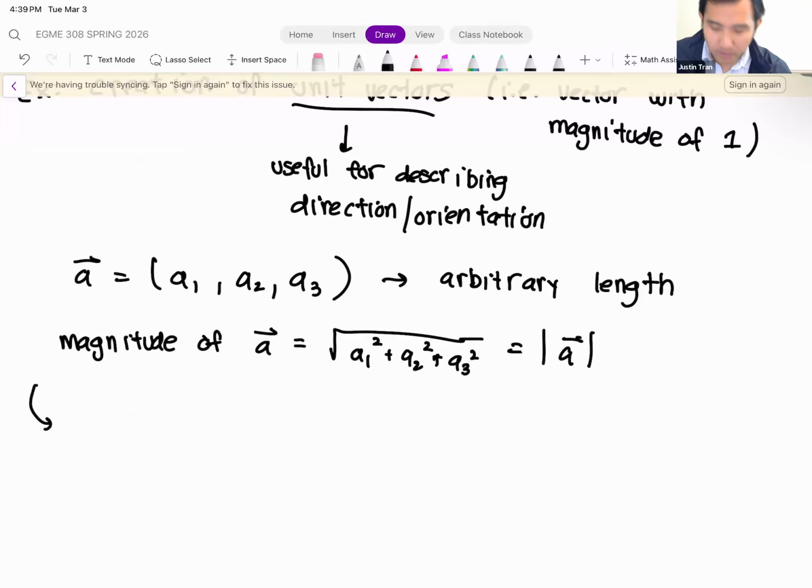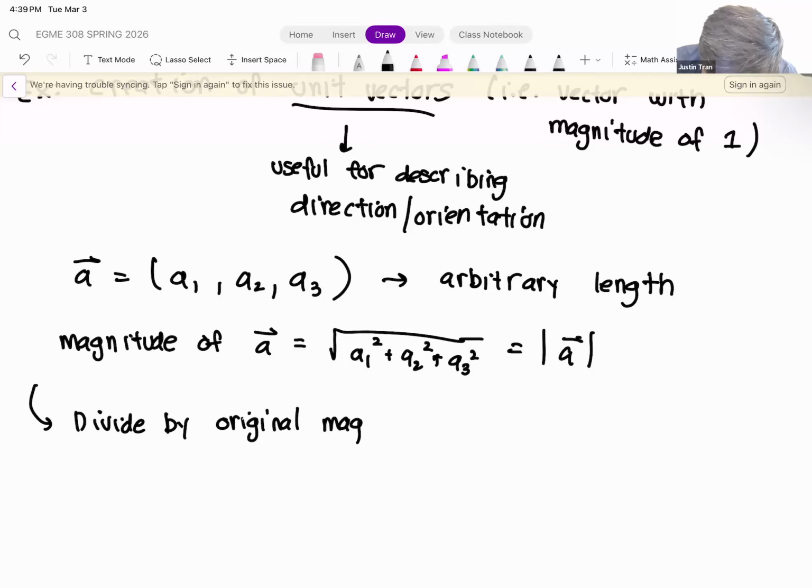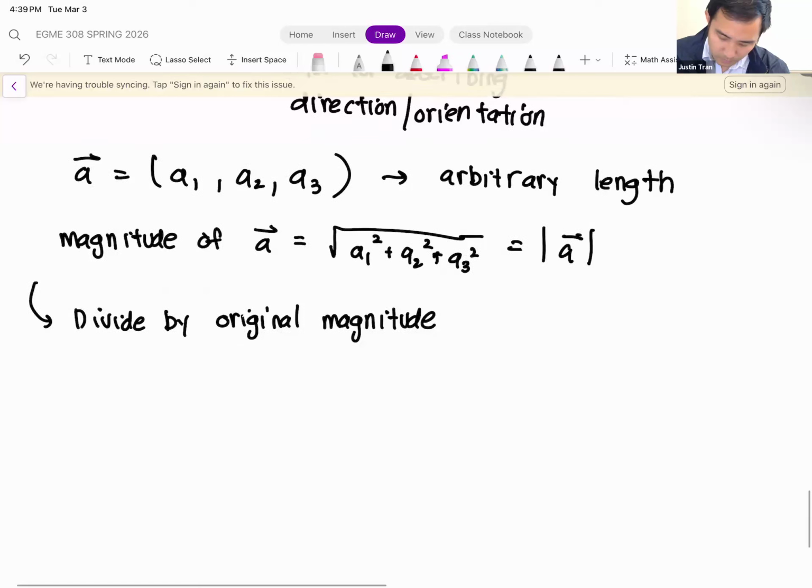And so to create a unit vector, we're basically going to divide our vector by its own original length so that we turn the length into 1. So we are essentially going to take a vector divided by its magnitude.